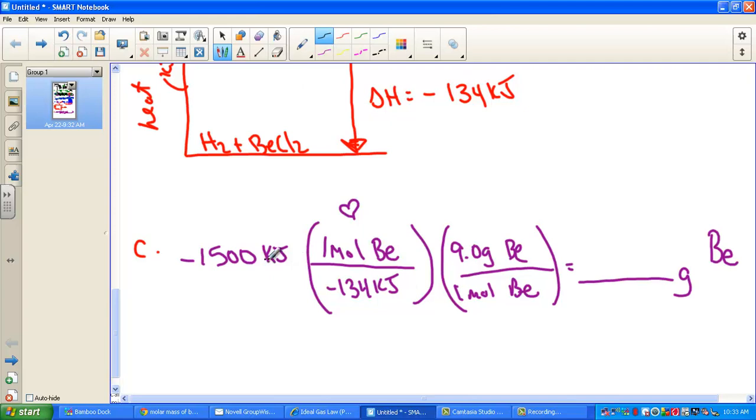So notice what's happened. Our kJs canceled, the mole unit canceled, and we've arrived at our answer. So negative 1,500 divided by negative 134 times 9. 100.746, I want to say 100.8 grams of beryllium would be needed to give off 1,500 kilojoules of heat. I feel your A+ coming on test day.